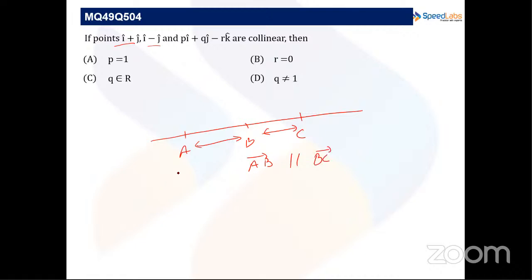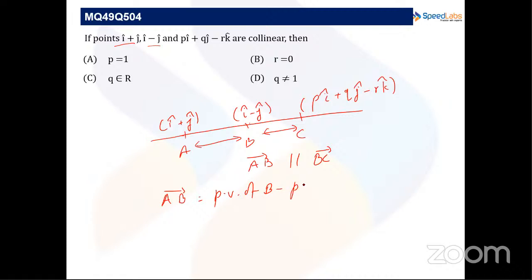So the points are i cap plus j cap, the other point is i cap minus j cap, and the third point is p i cap plus q j cap minus r k cap. Finding vector AB, that is position vector of B minus position vector of A, so that is i cap minus j cap minus i cap plus j cap.